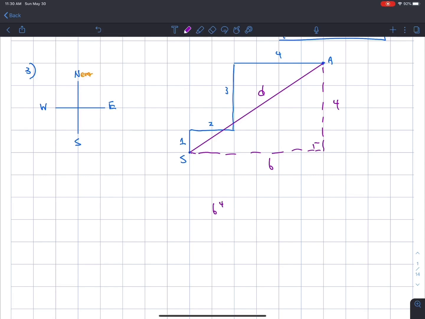So 6 squared plus 4 squared equals D squared. So 36 plus 16 is 52 equals D squared, and then we square root both sides, we get D equals 7.2. And this is in km.